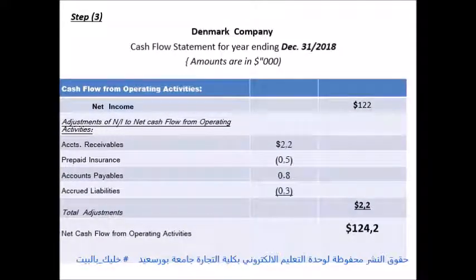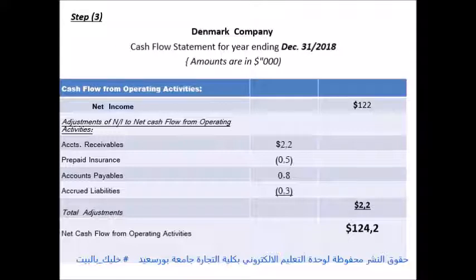If we try to draw the operating section of the cash flow statement, these figures are the figures after adjustment. Net income according to accrual is 122,000. Total adjustment is 2,200.